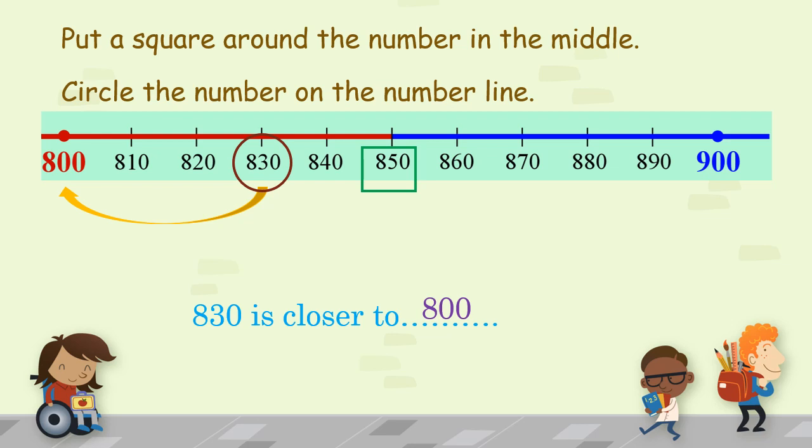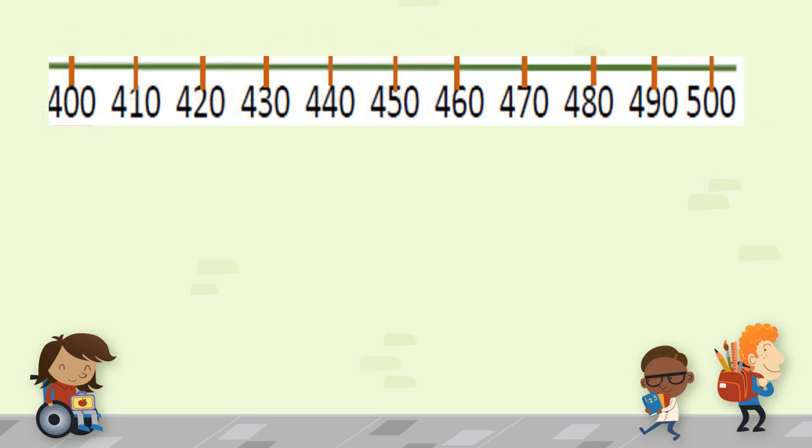Okay? So, let's see another example. Now, here, our number line: 400, 410, 420, 430, 440, 450, 460, 470, 480, 490, then 500.